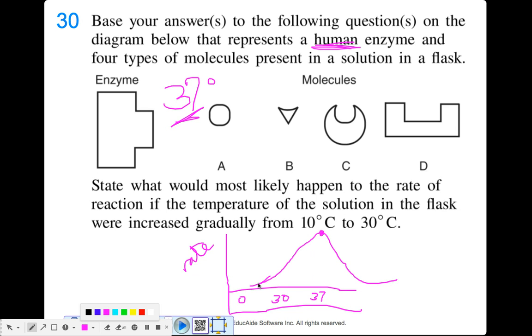So from 10 to 30, we're going to see an increase in the rate. Some of you said that it would start to denature. If we got over 37, you have to know the optimal temperature for this one, then it's going to start to denature. But up until 37, it's going to be increasing in activity.